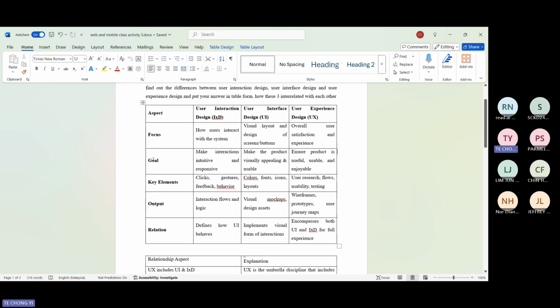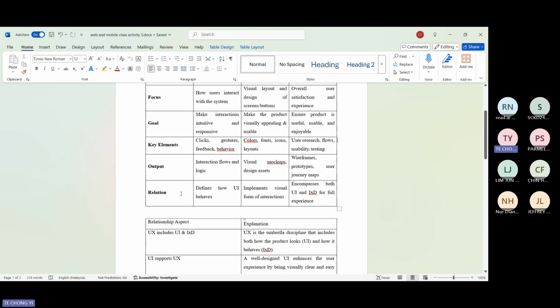The goal of IXD is to make interaction intuitive and responsive. UI is to make the product visually pretty and usable. UX is to ensure the product is useful, usable, and enjoyable.